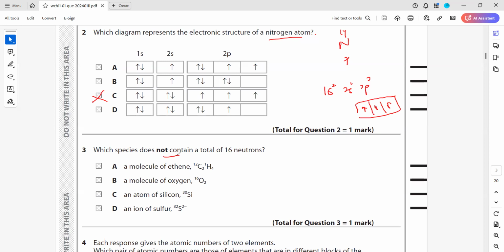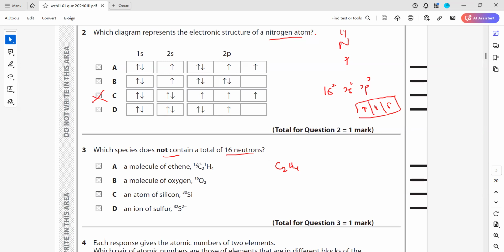Which species does not contain a total of 16 neutrons? So a molecule of ethene. Ethene is C2H4. So we need to count the neutrons of each.